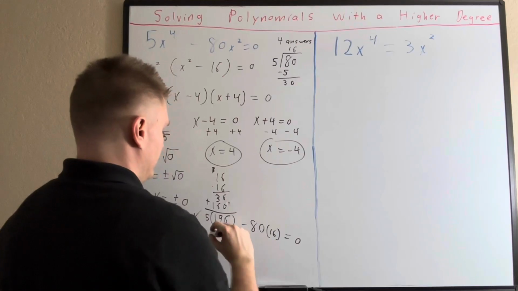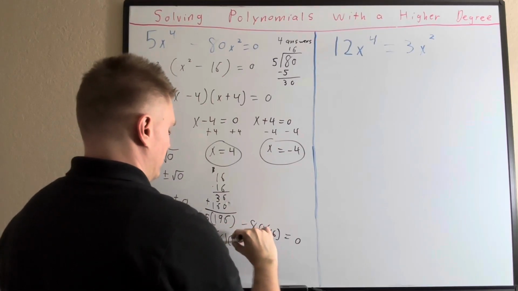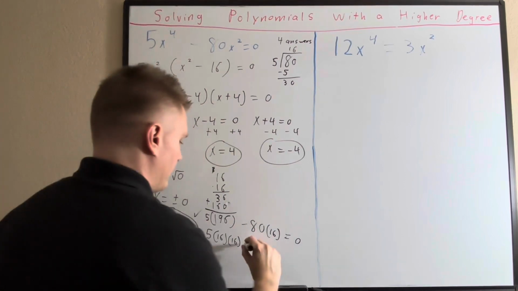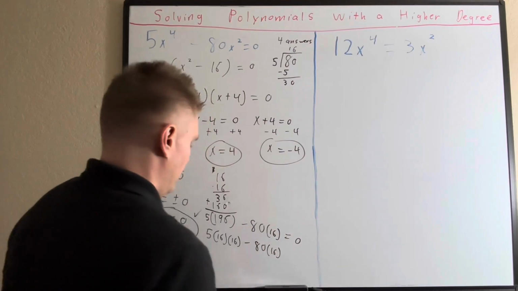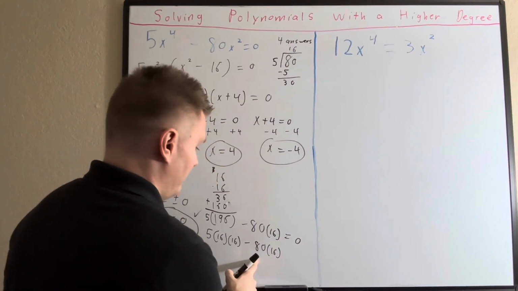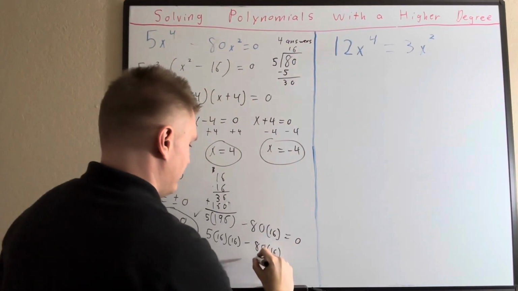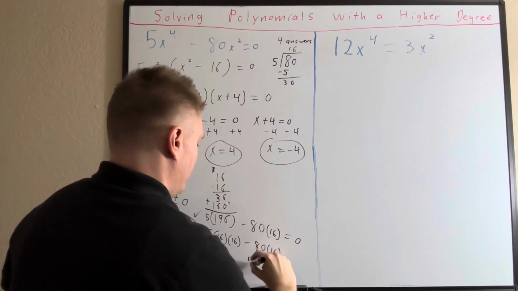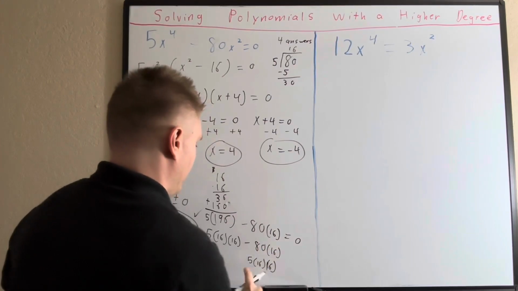Well, this was 16 times 16, right? Interesting. Minus 80 times 16. What's 80 divided by 5? 16, right? So that would be 5 times 16 times 16, which is the same thing.